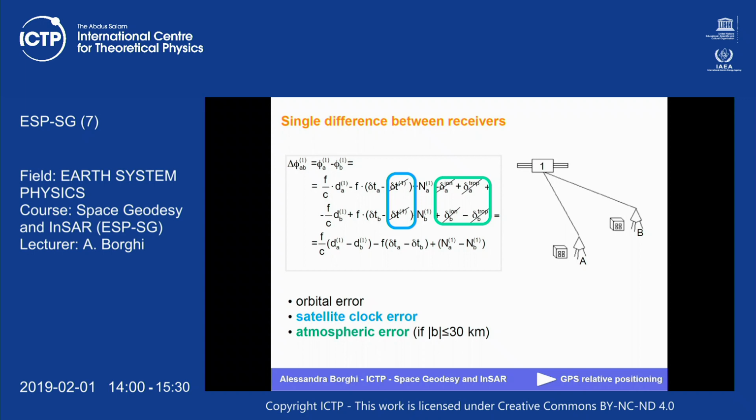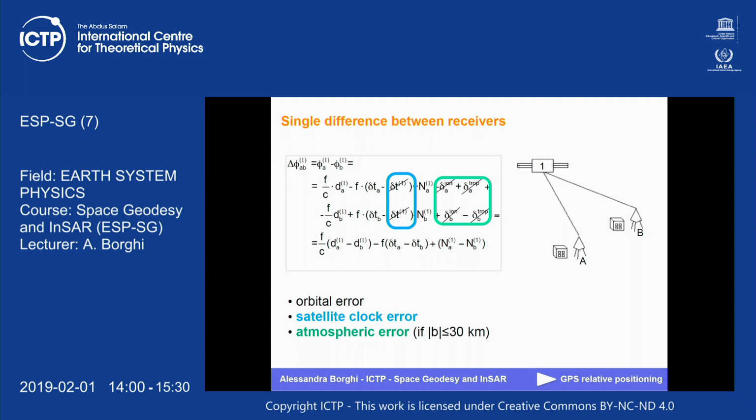So, in this case, you can see we can cancel some terms. One term that you cancel in an easy way is the error of the satellite clock. It's not a big term because we know that the clocks of the satellites are really synchronized with the GPS time and are synchronized between satellites. But in this case, this is the same term, and we can remove it.